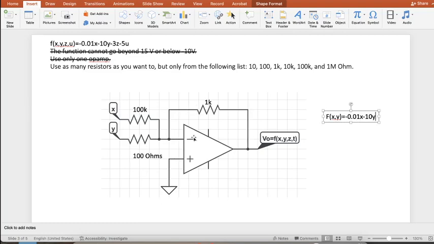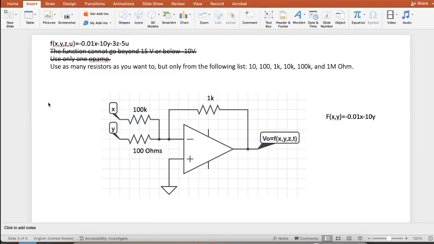And this is how I would go about grading you. I would look at what you have on this resistor, divide the RF resistor by the RI resistor, and then multiply by minus y, see that the power is connected, and that's it.